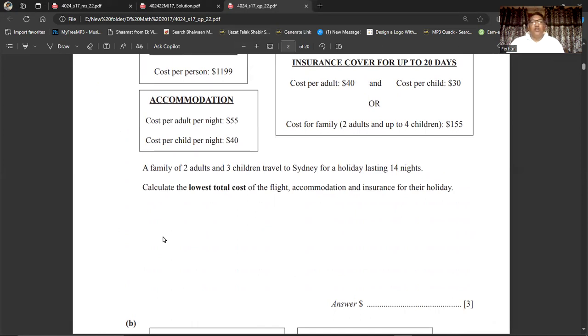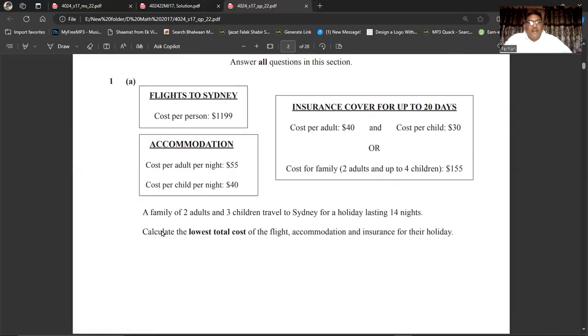Calculate the lowest total cost of the flight, accommodation, and insurance for their holiday. It's a 3 marks question, so we will calculate the flight, accommodation, and insurance with both plans. So there will be 2 options. Then we will see which one is cheaper.